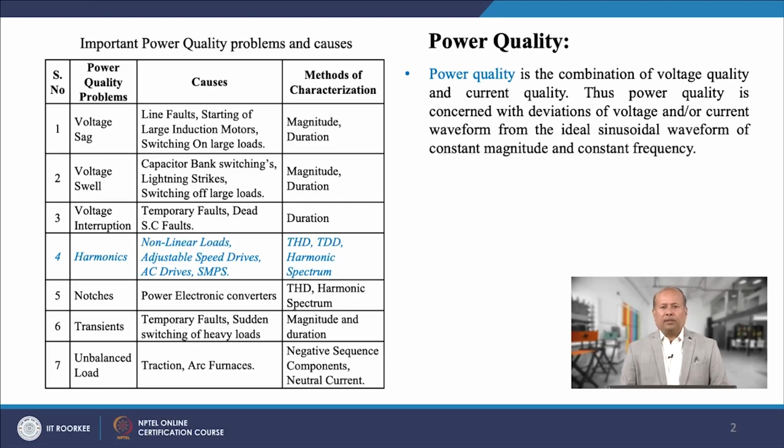In addition, the modern ones include power converter based loads such as switched mode power supplies, popularly known as SMPS, ASDs using AC-DC converters, cycloconverters, AC voltage controllers, HVDC transmission, static VAR compensators and so on.